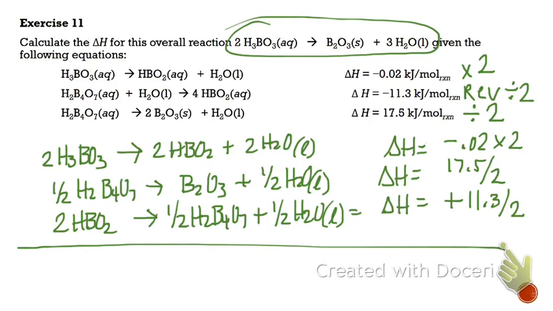And so the HBO2 goes away. Same on this side, same on opposite side. The H2B4O7 goes away. And then I'm going to write out what's left.